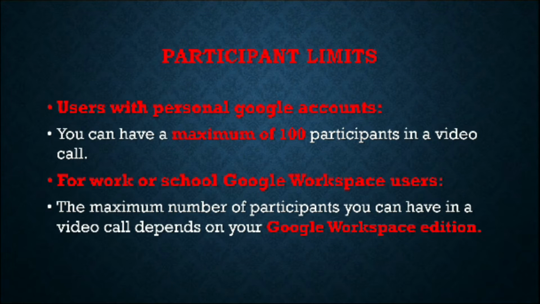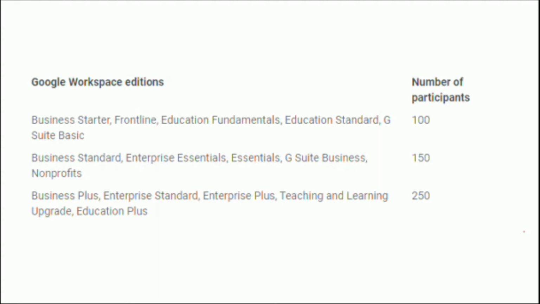Participation limit. There are so many limitations for participants or students. If you are using a personal Google account, you have a limit of only 100 participants in a video call. You can have only 100 students in a single video call. But for work and school, Google Workspace users, the number of participants you can have in a video call depends on your Google Workspace edition.